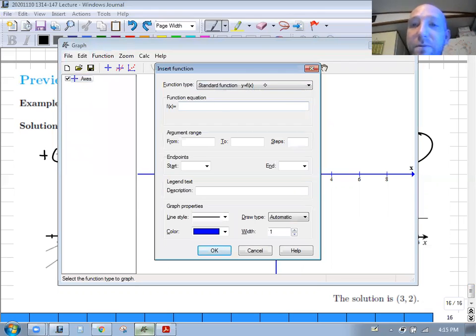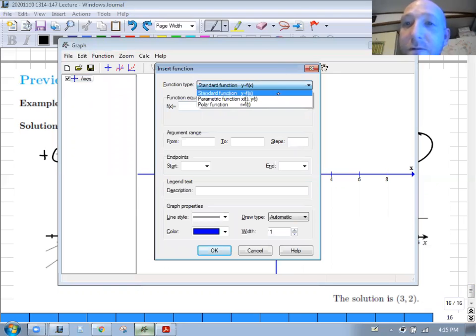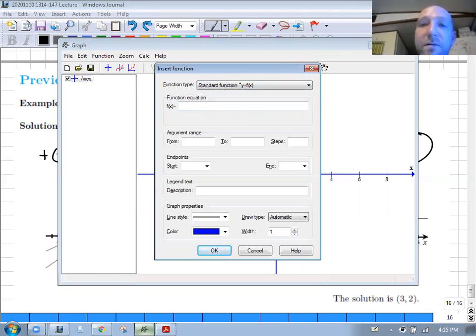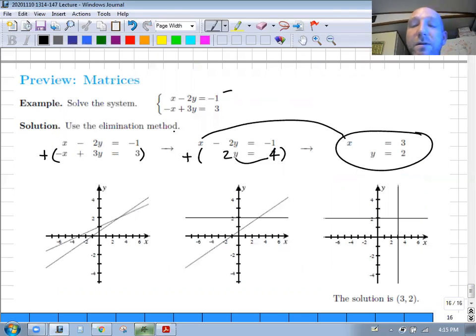We have to put it in the y equals mx plus b form. So if we do that, we get -2y equals -x minus 1. So y equals 1/2 x plus 1/2. Yeah, so there's our first one.